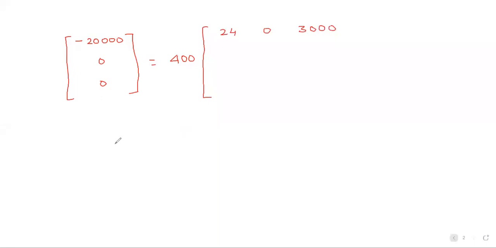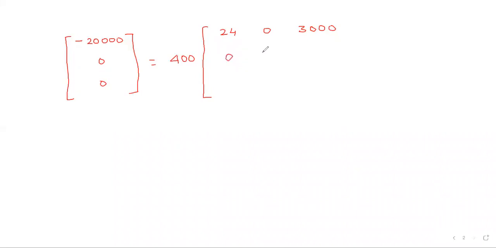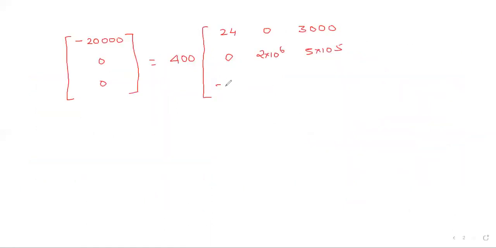Next, in front of M2: 0, 2 into 10 to the power 6, 5 into 10 to the power 5. Last one: 3000, 5 into 10 to the power 5, and 10 to the power 6.